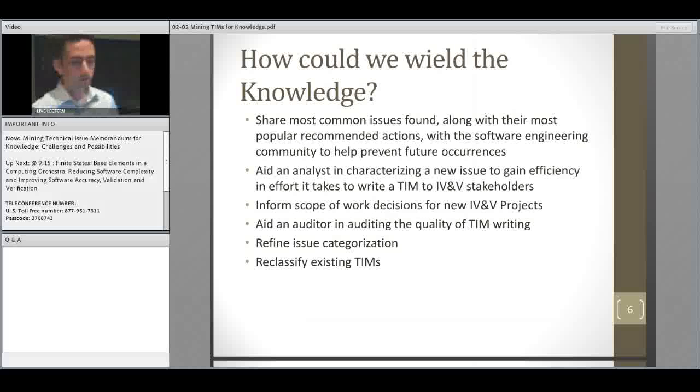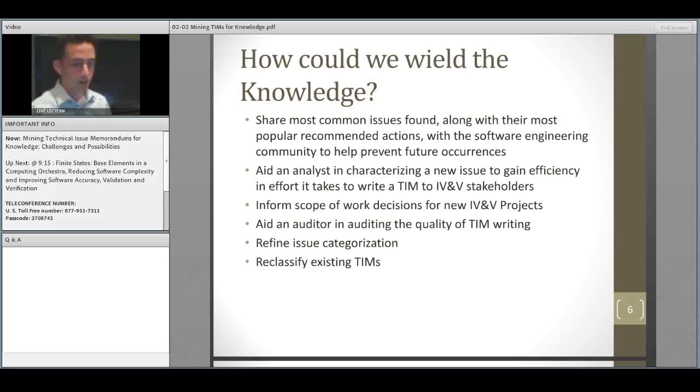Once we obtain this knowledge, how can we use that knowledge? Again, not an exhaustive list here, but just something to try to stimulate thought, and hopefully prompt a good breakout session afterwards. We can share what we've learned with the industry, share our most common issues found, along with their most popular recommended actions.